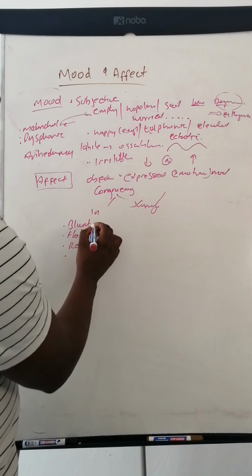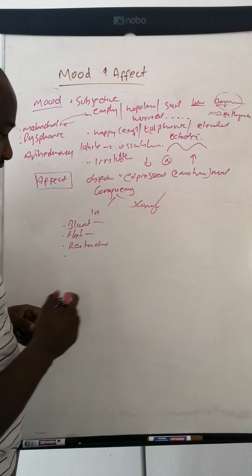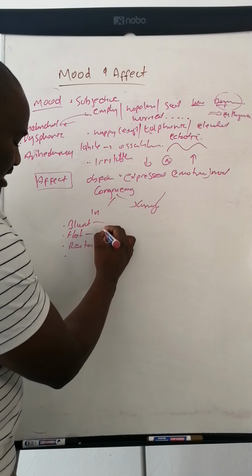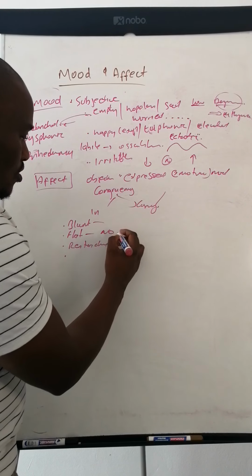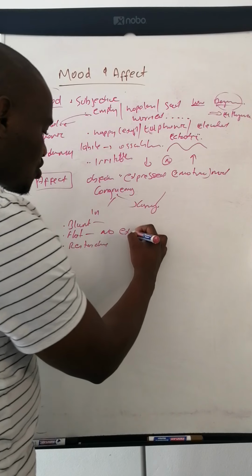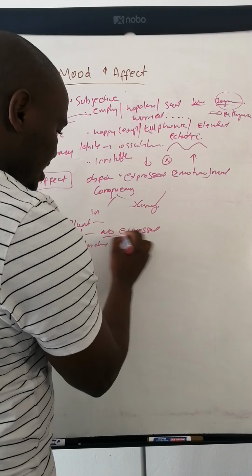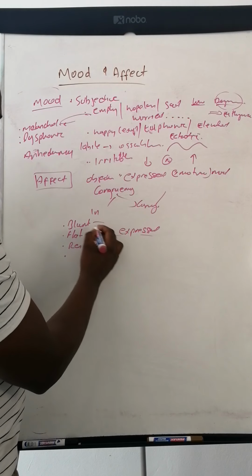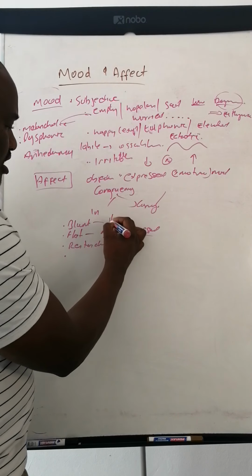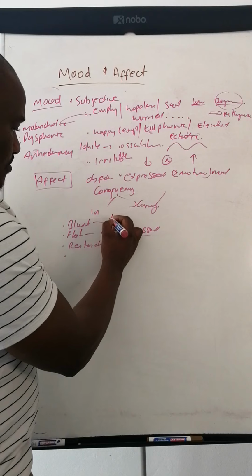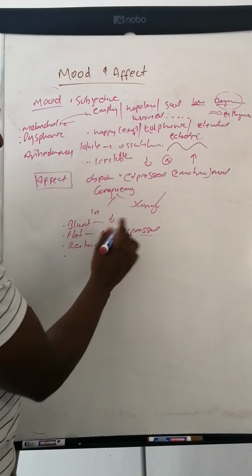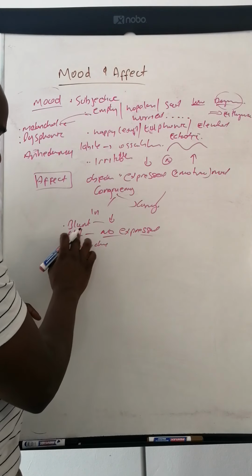So someone who's got a flat affect, there's no expressed emotion or mood at all. There's nothing. If it's blunt, it means it's reduced. It's there, but it's very minimal. It's just reduced. With these ones, it's flat.